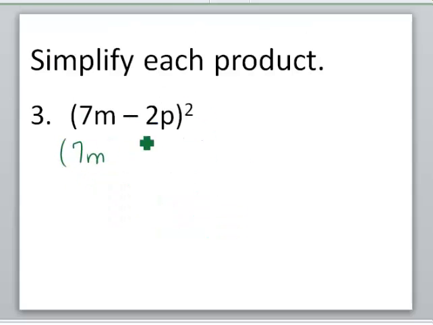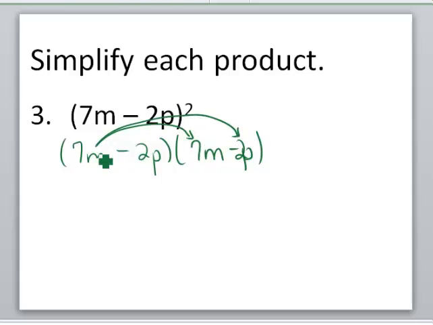Again, I'm going to rewrite 7m minus 2p times 7m minus 2p. So I'm going to take my 7m and distribute it to the second set of parentheses. 7 times 7 is 49. M times m is m squared. 7m times negative 2p. 7 times negative 2 is negative 14, and then I'll write mp. Now I'm going to distribute my negative 2p through.